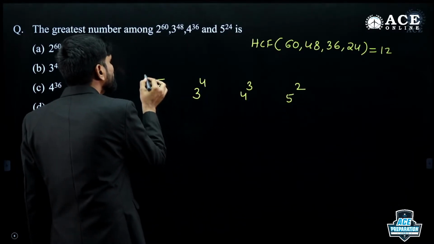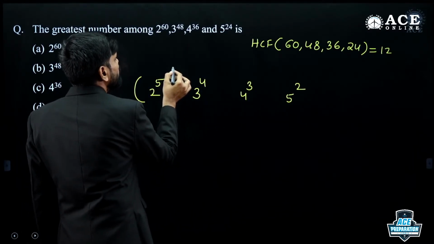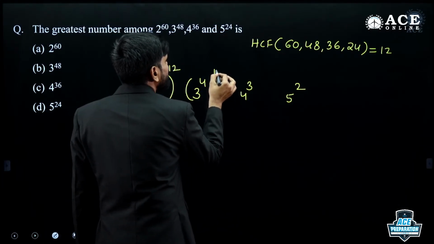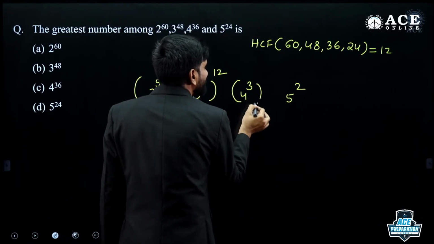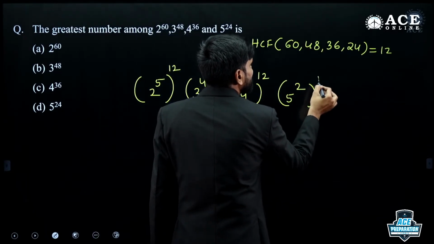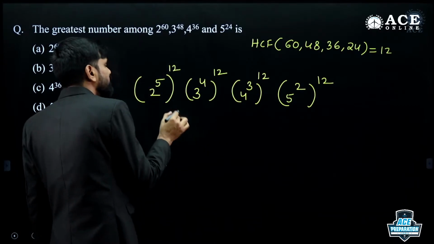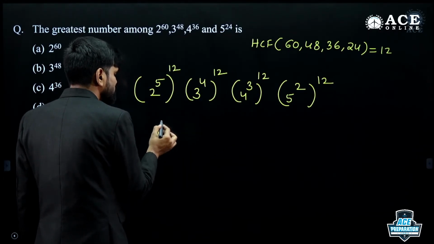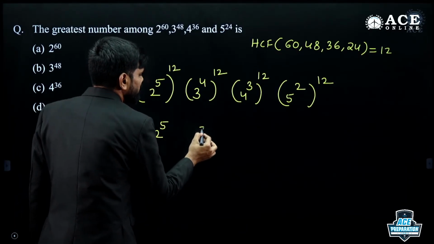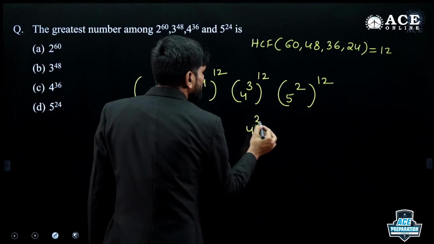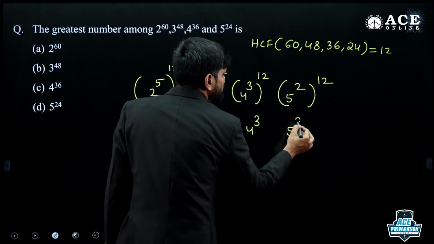So if you want it more clearly, I can write it as 2 power 5 whole to the power of 12, 3 power 4 whole to the power of 12, which I am not considering, because when the powers are same, why should I consider the powers? I will just discard them. So you just cancel it out. This is as good as 2 power 5. This is as good as 3 power 4. This is as good as 4 cube. This is as good as 5 square.